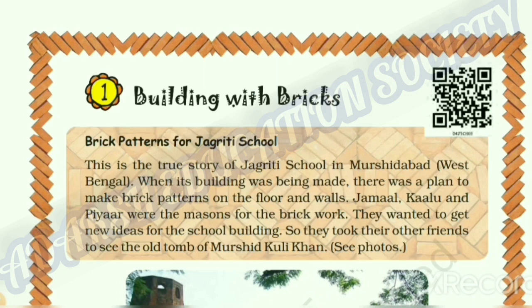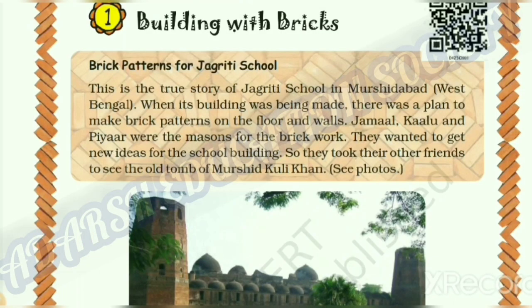Look at your textbook, page number 1. Brick patterns for Jagriti School. Let's start reading the story of Jagriti School. This is the true story of Jagriti School in Murshidabad, West Bengal.